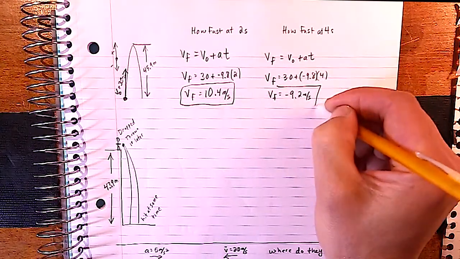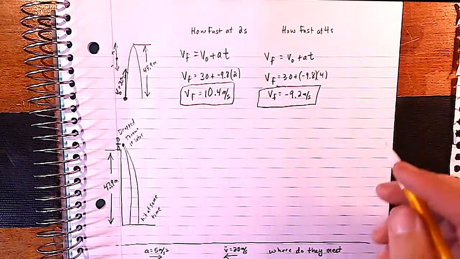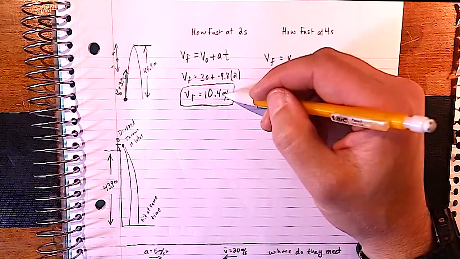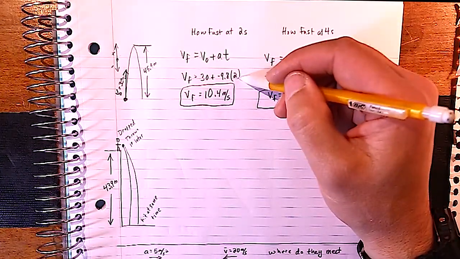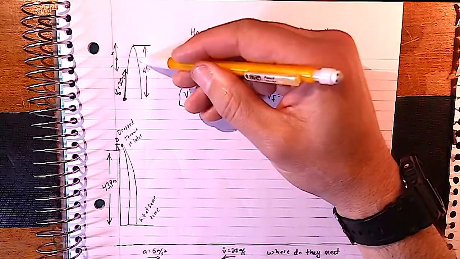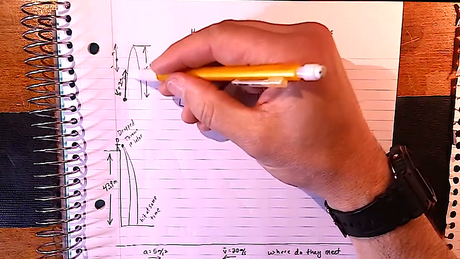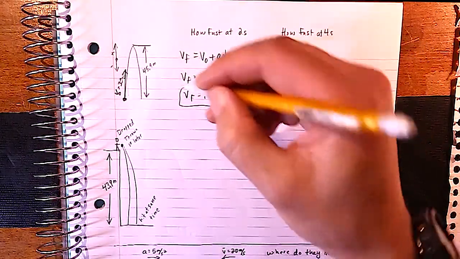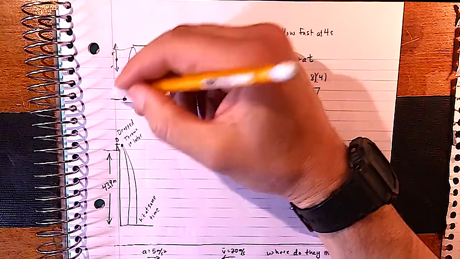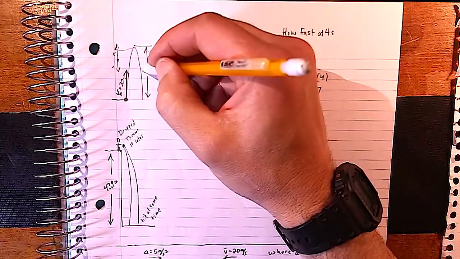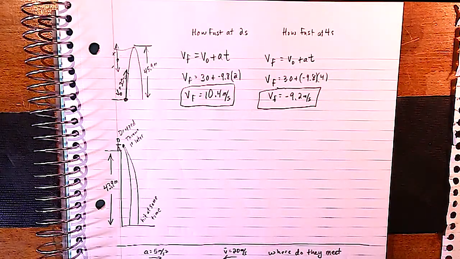The reason I wanted to do this problem was just to illustrate something: if we find the velocity after a certain amount of time for this object that's traveling in a parabola, it's moving up with plus 10.4, so it's on the up trip. This velocity came out negative, which means the ball's on its way back down.